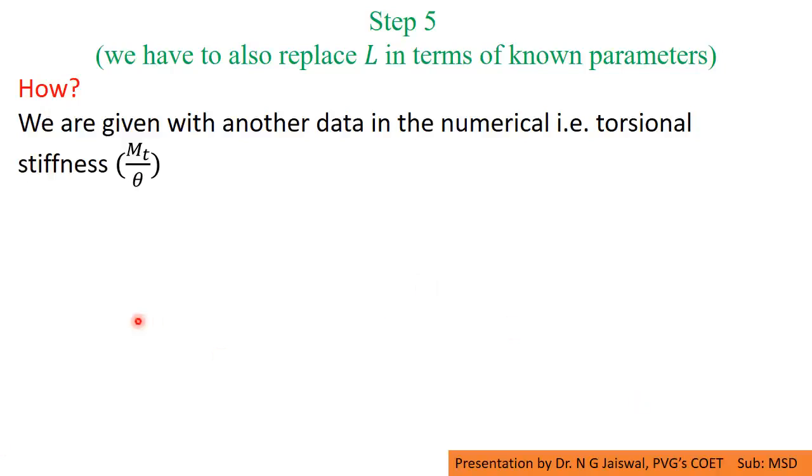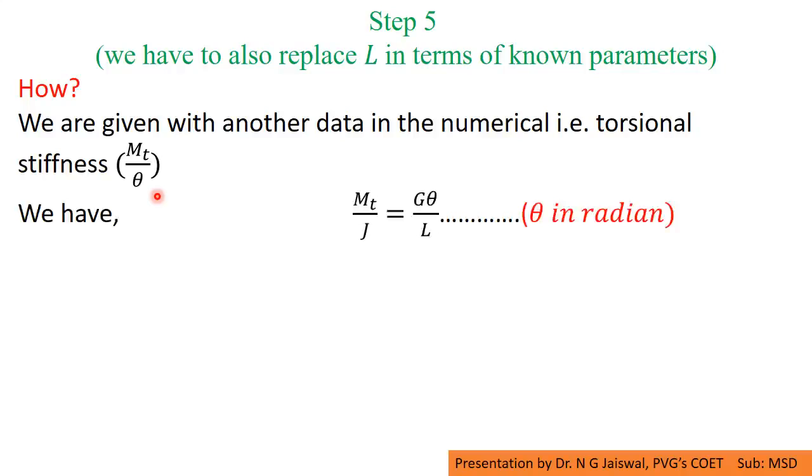Here we are given another data in the numerical, that is torsional stiffness. Torsional stiffness is given as 100 Newton meter per degree. That is mentioned in the numerical. So this will help us to eliminate the L. For a component subjected to torsional moment, one can write the equation mt upon j is equal to g theta by L. This equation you know.